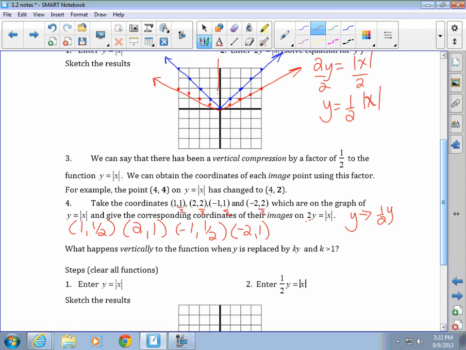You're going on the vertical axis, which is the y, pressing it down, causing it to flatten out. They're shortening and flattening, if you want to think of it that way.